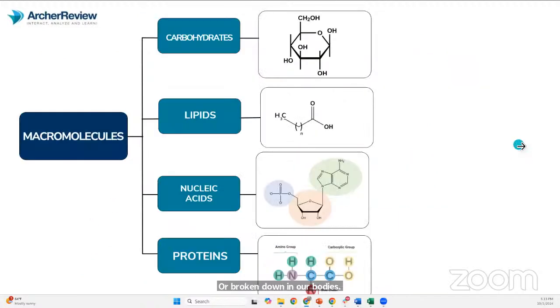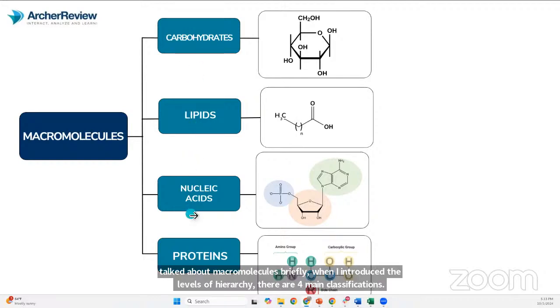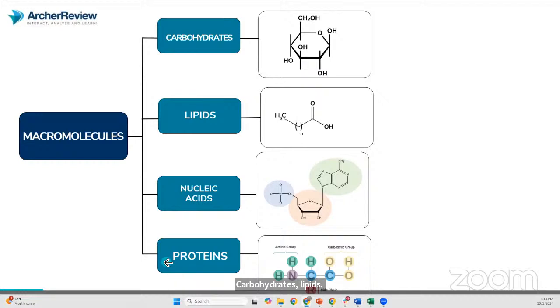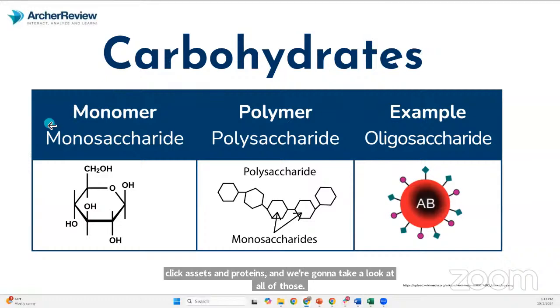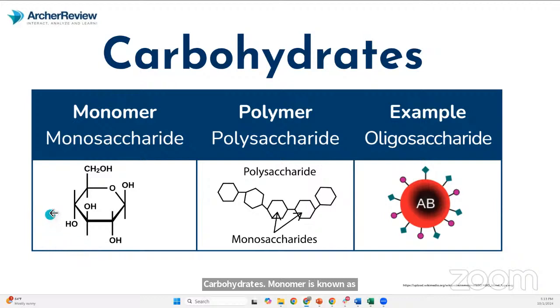We talked about macromolecules briefly when I introduced the levels of hierarchy. There are four main classifications: carbohydrates, lipids, nucleic acids, and proteins. And we're going to take a look at all of those. Carbohydrates' monomer is known as a monosaccharide. Looks like this.